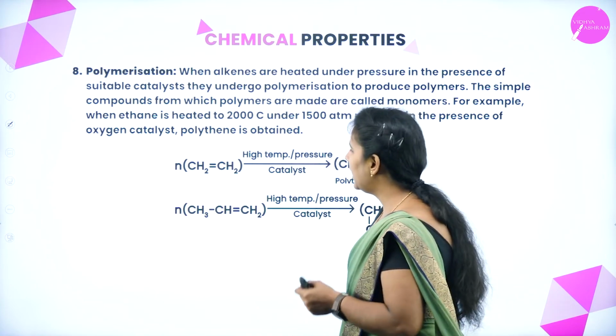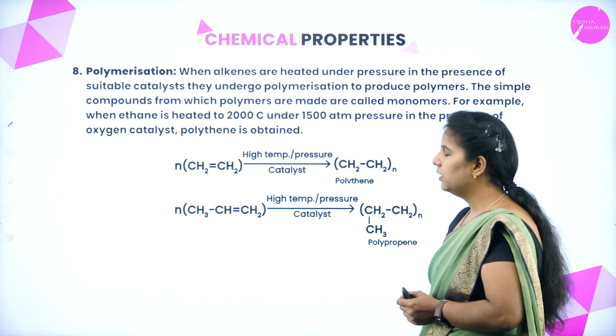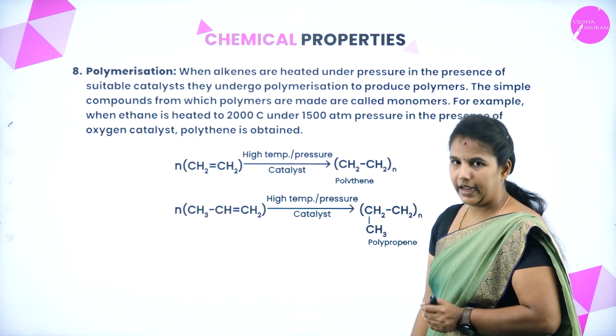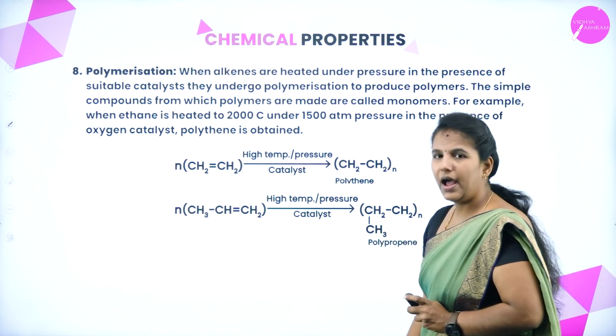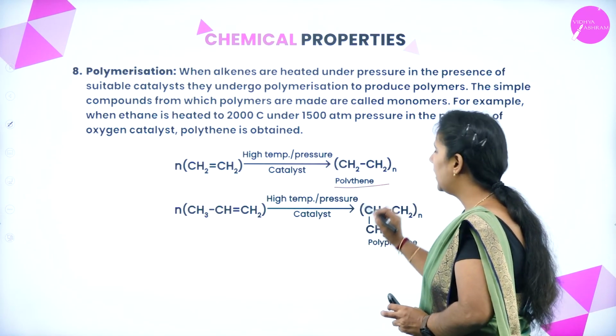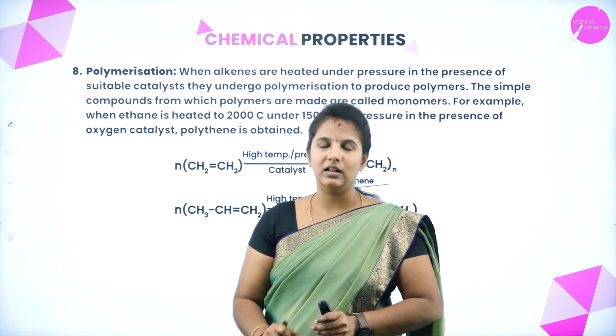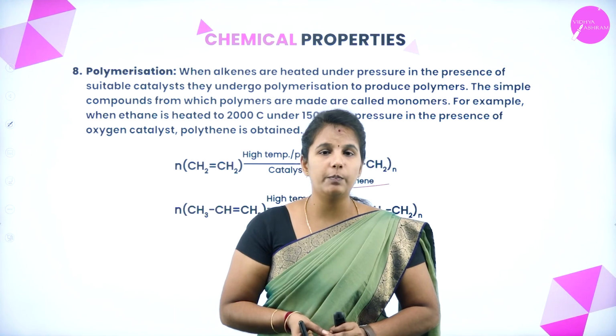For this, I'll consider my alkene, which is allowed to react with oxygen as a catalyst at very high temperature and pressure. It gives rise to polyethene. It forms what? Polyethene. So why is it forming polyethene?